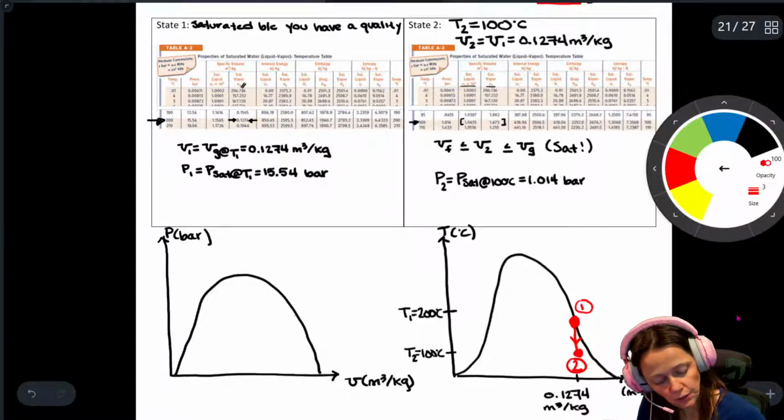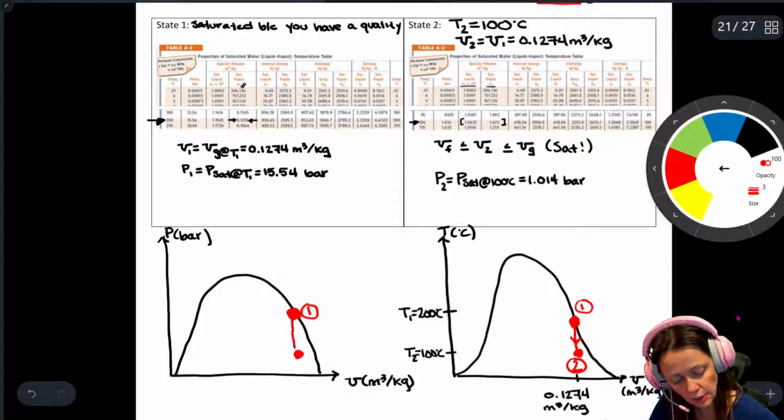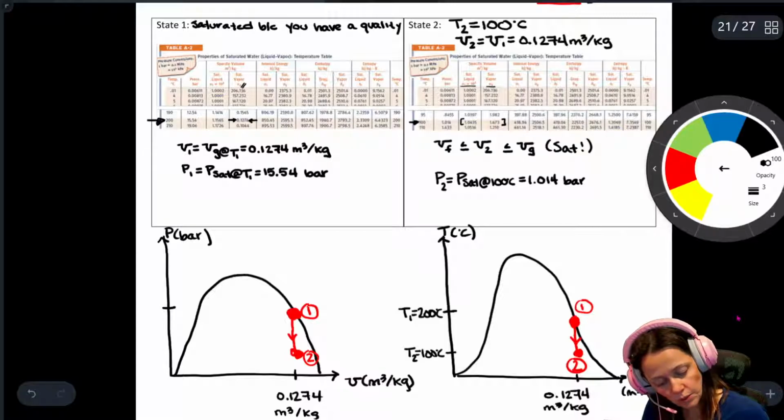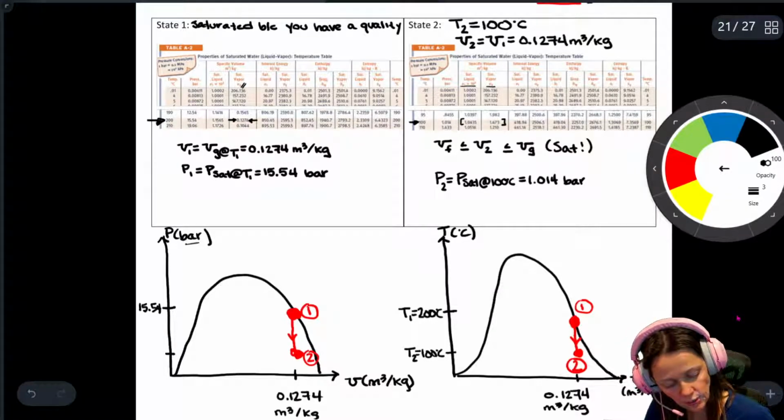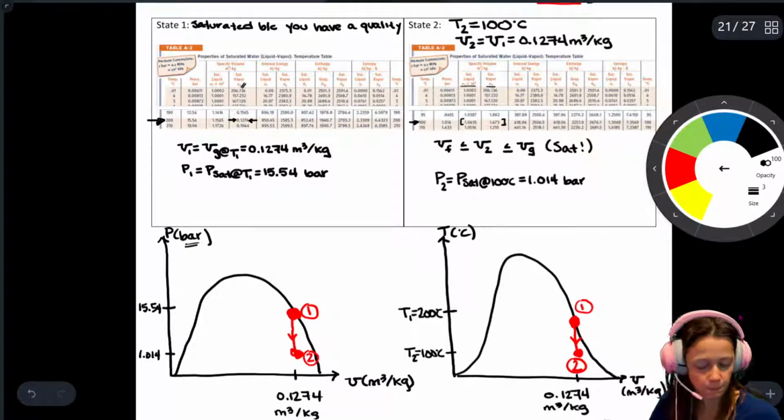Over here, same thing: it starts out on that saturated vapor line and goes into that 2-phase region, and it's going to go straight down because it goes along a line of constant volume. So this is 0.1274 meters cubed per kilogram. P1 we figured was 15.54 bar. Then state 2 was 0.014 bar.